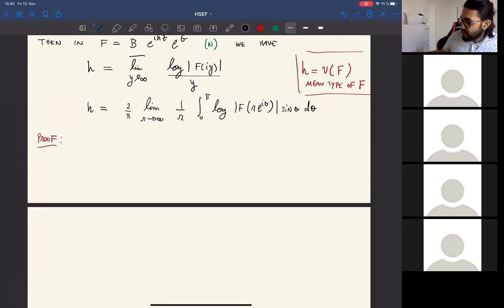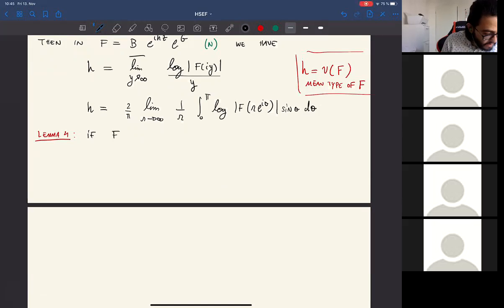For the proof, we will need some lemmas. So maybe I do the lemmas first. We need a lemma, and again, following the numbers in the book, that would be lemma 4.